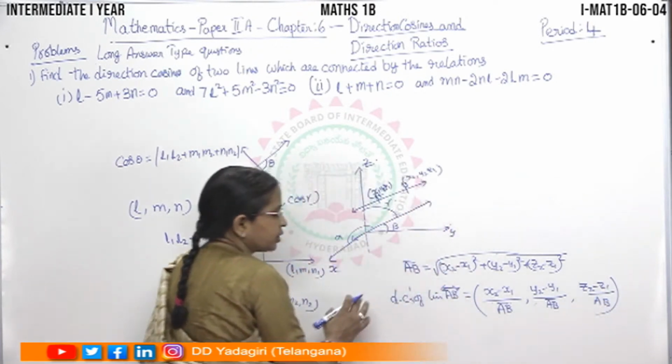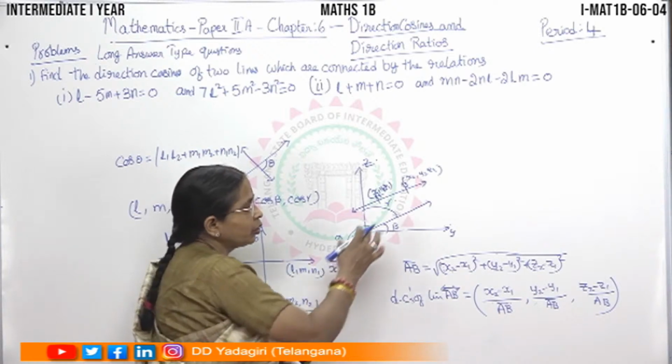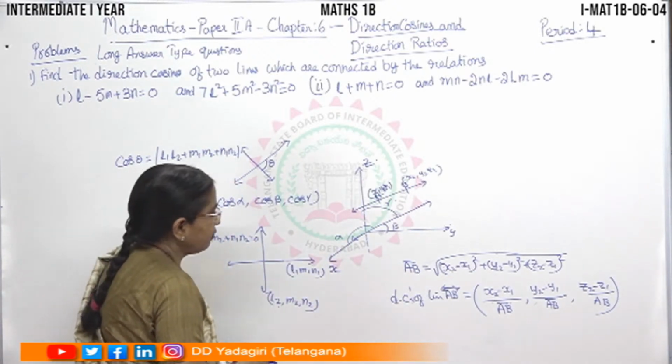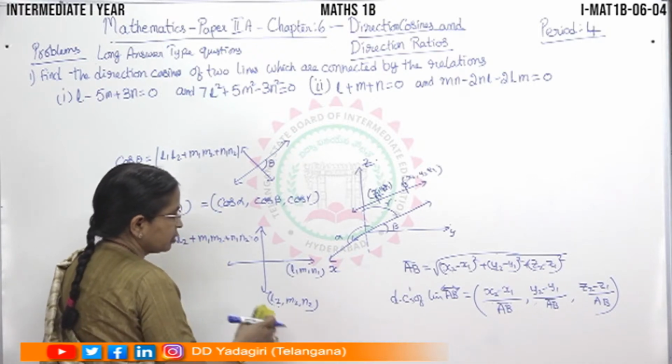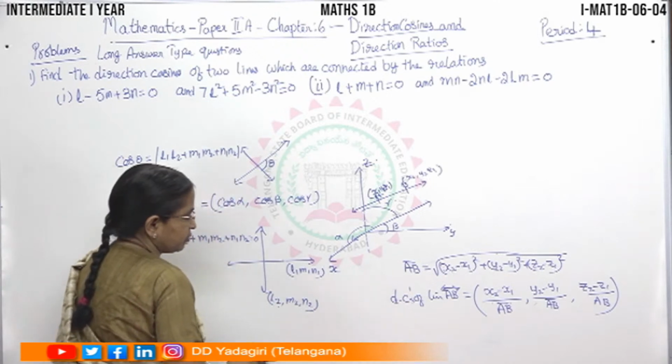So these are the direction cosines of the line AB when you know 2 points on that line. And then what else we have learned in direction cosines? If 2 points are known, then these are the direction cosines.